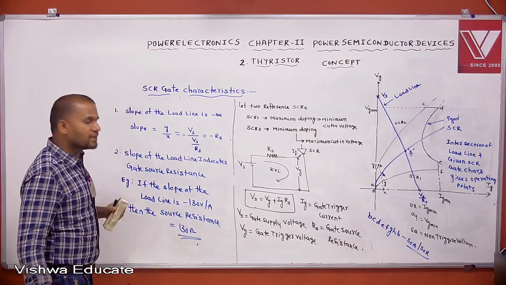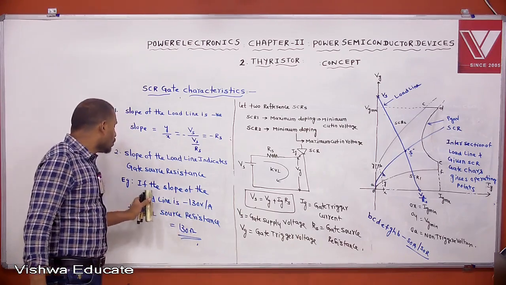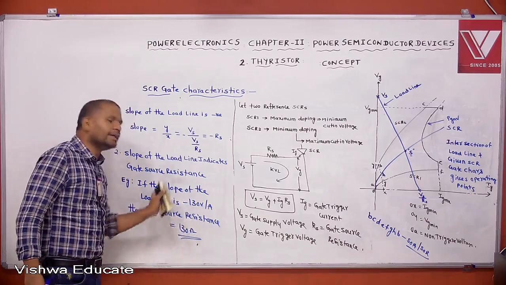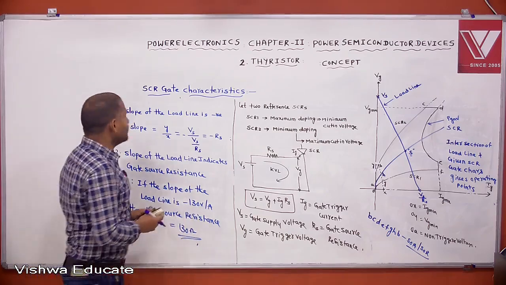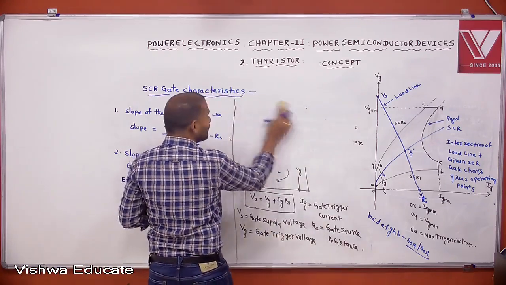You don't take the minus, where negative indicates the falling slope. If the slope of the load line is 130 volts per ampere, then the gate source resistance is 130 ohms.